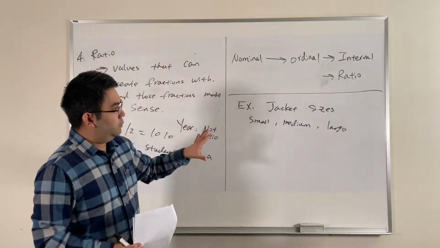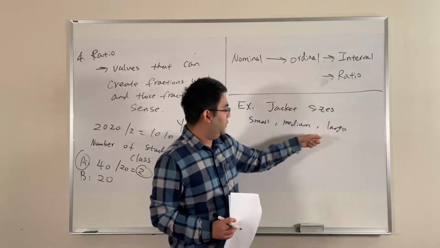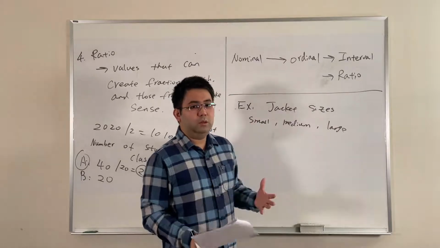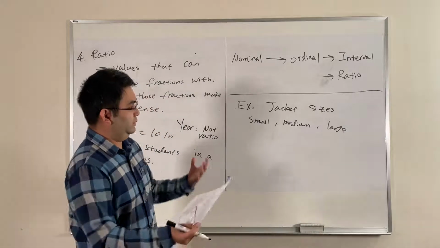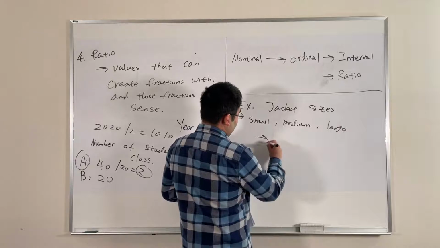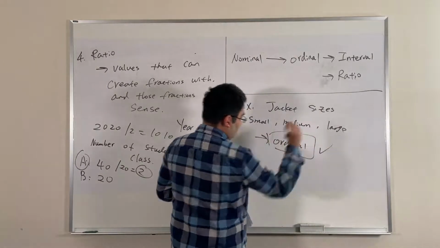Is it an ordinal variable? The answer is yes, because you can easily rank them: large is bigger than medium, and medium is bigger than small. Is it interval? The answer is no, because can you subtract them? No, they're not numbers, they're sizes. So you stop here and say that it's an ordinal variable. Ordinal check. Okay, perfect.